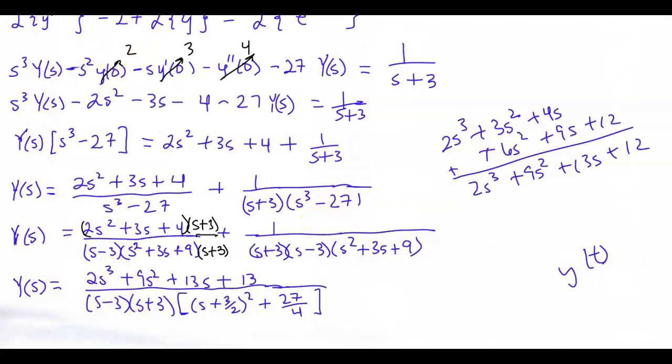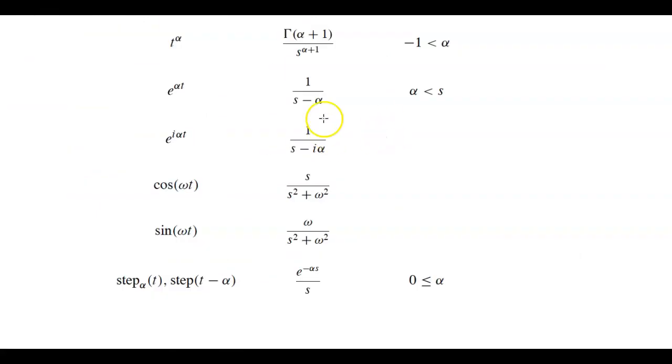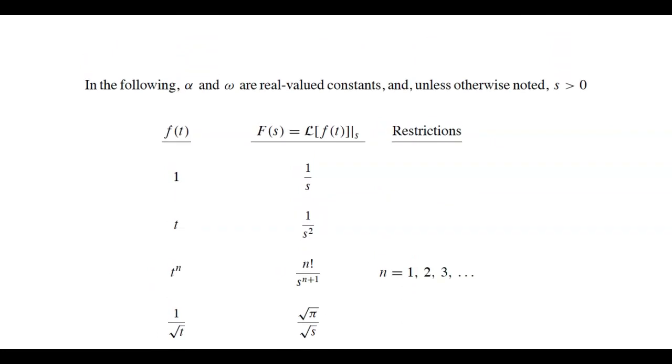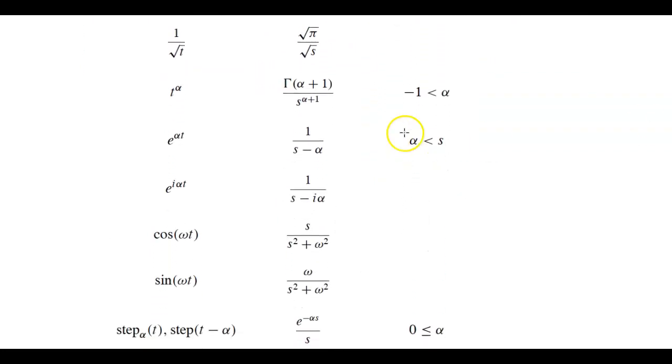Okay. Now, it's going to turn out that in order for us to get this into a form that's going to be easy for us to use to do what we call the inverse Laplace transform, simply put, we're just going to look at our chart, and we're going to say, all right, if I see something that looks like this, I'm going to algebraically manipulate it to where I get something that looks exactly like this, so that I can say the inverse Laplace transform of this expression is that.